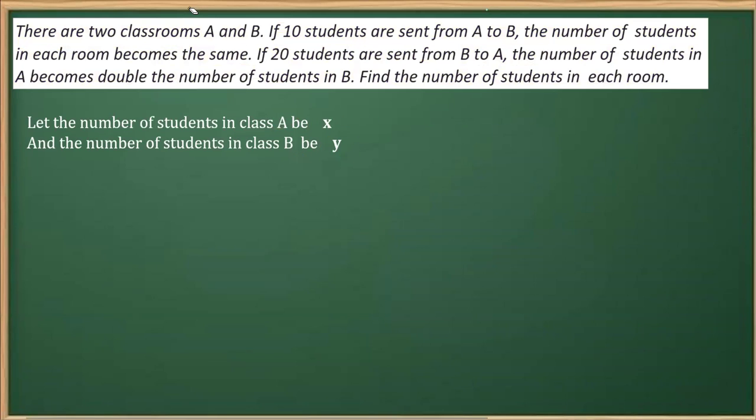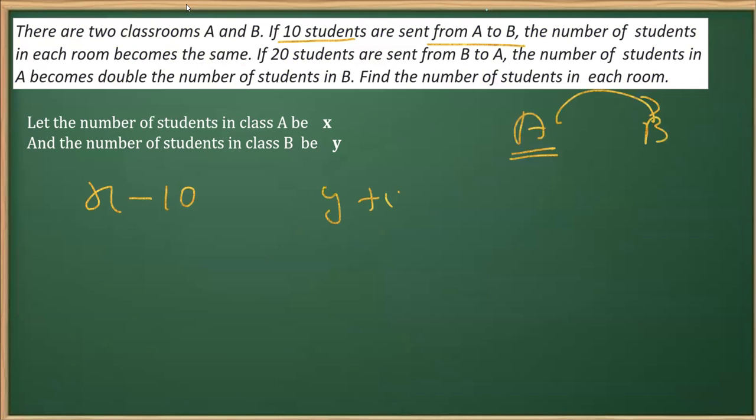Now, case one, when it says that 10 students are sent from A to B. Section A has X students and 10 students are sent from section A to B. So clearly the number of students in section A will decrease by 10 and the number of students in section B will increase by 10.